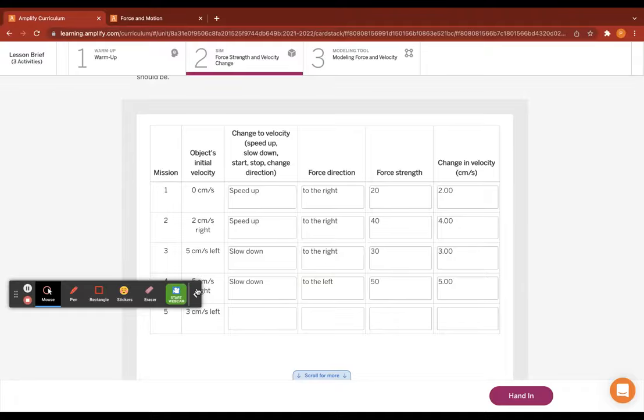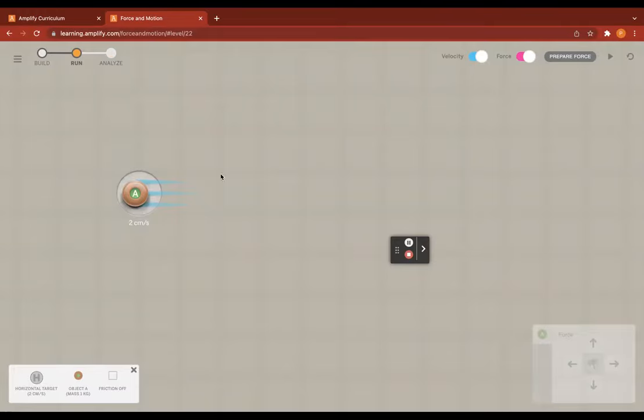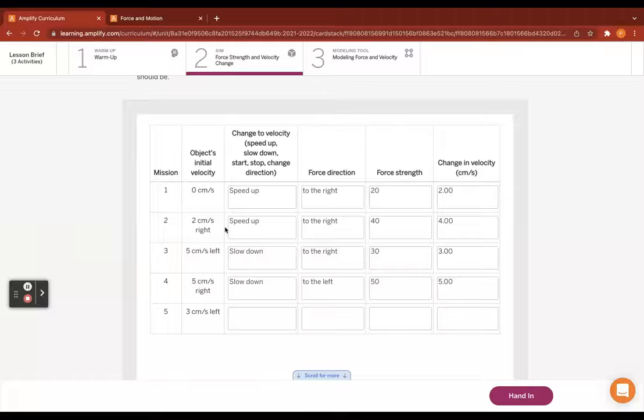I'm going from a -3, because it's going from the left, to a +2. That's a change of 5. I want this thing to go in the opposite direction. I need 2 things to happen. I need it to slow down and change direction.